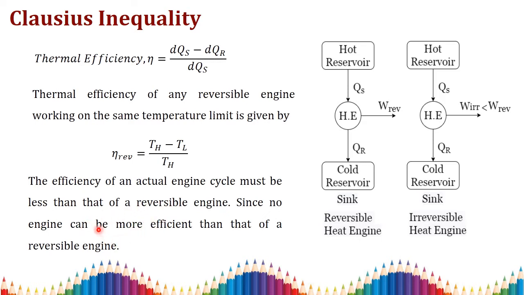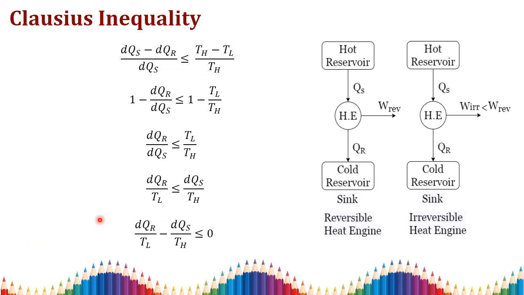A reversible engine is more efficient than an actual engine. So we can compare the two efficiencies: dQs minus dQr divided by dQs is less than or equal to TH minus TL divided by TH. Dividing the numerator by the denominator, we get 1 minus dQr by dQs, which is less than or equal to 1 minus TL by TH.